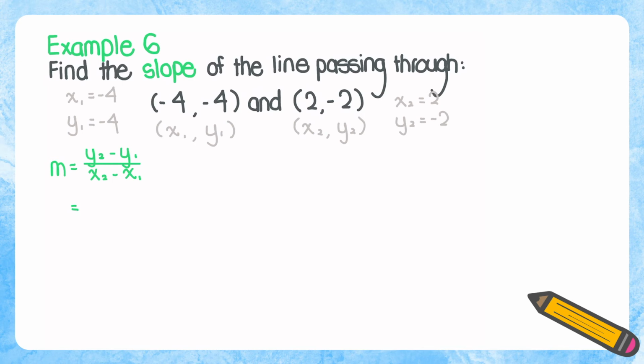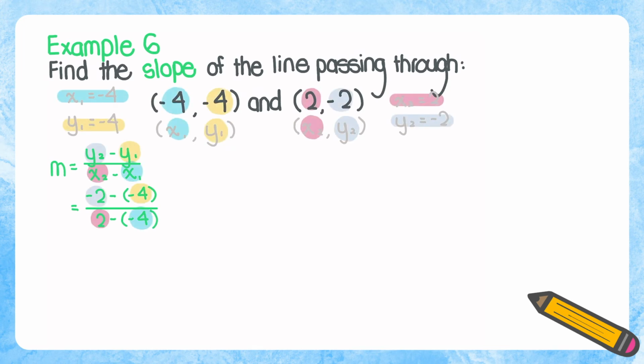So y sub 2 equals -2, and then we have minus -4, because that's y sub 1. For x sub 2, we have that it's 2, and x sub 1 equals -4, so we have 2 minus -4.